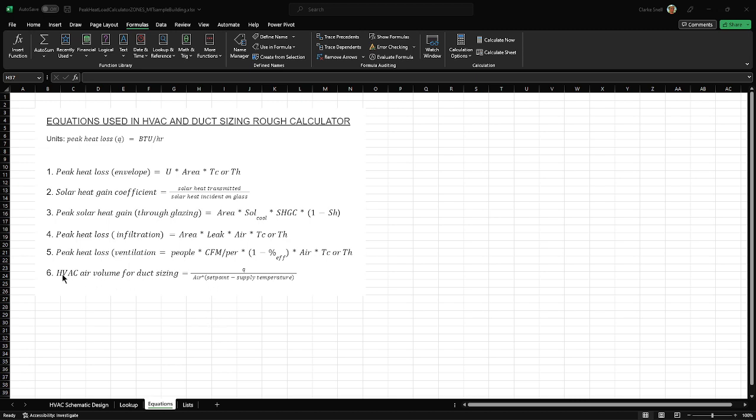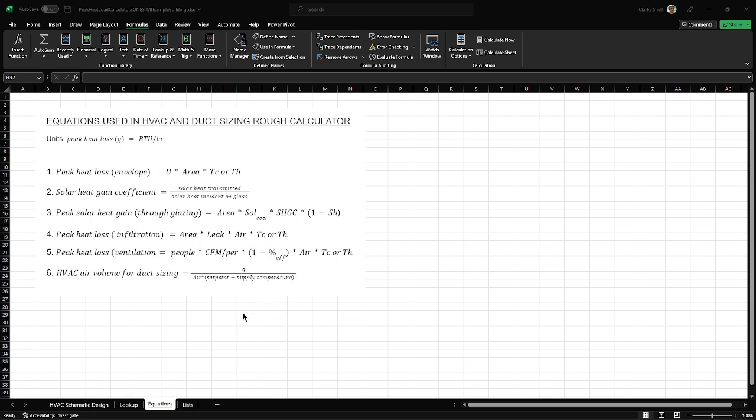We're saying the air volume for duct sizing, so that's going to be in CFM, cubic feet per minute, is going to be the heat loss divided by that constant, how much heat is in air, times our set point, 72 or 65 depending on heating or cooling, minus the supply temperature of the air we're bringing in, right?